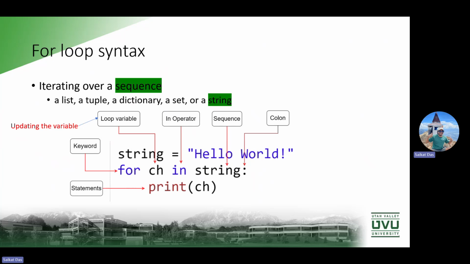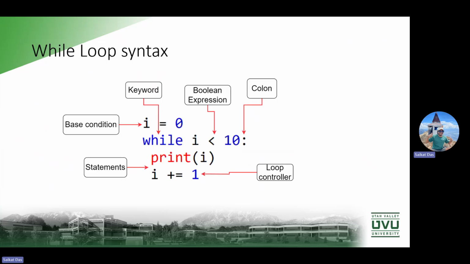That's the challenging part for the while loop. For the for loop, it is more definitive. I know it will run that many times. For the while loop, I'm not sure how many times it will run, so you need to be very careful whenever you are writing a while loop. Here's the base condition: I need to start from the starting condition, then the keyword and a Boolean expression.